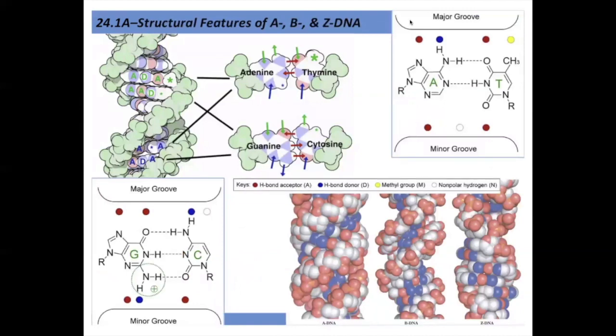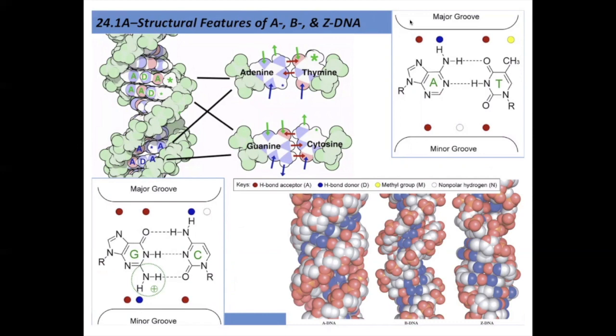What I want to do is talk just a little bit more about the major and minor groove. Up here in this structure is a picture of B DNA, and you can see that the major groove is a lot more exposed. What they have labeled here is acceptor, donor, acceptor, acceptor, acceptor, donor.